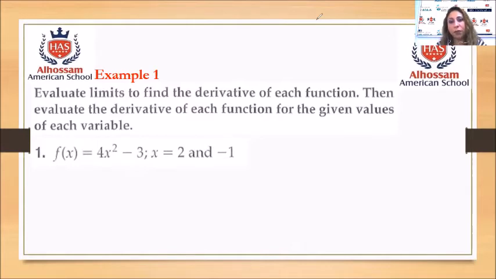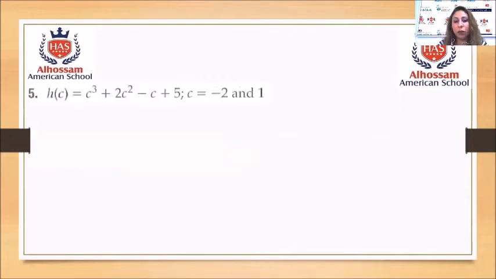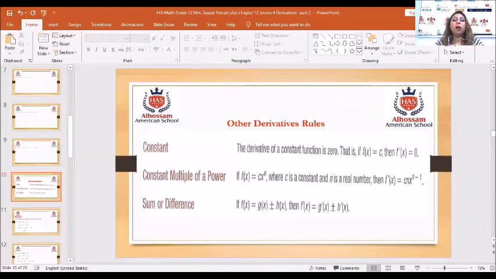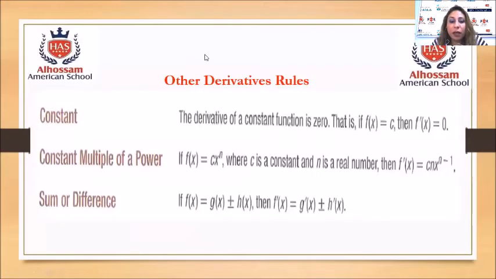Okay. Now, let's have our second objective. These are the questions that I talked about with you, our second objective of this lesson. Let's remember the first rule that we have for the derivative. If I have, for example, f of x equal 4x squared, do you remember what we do with this rule?